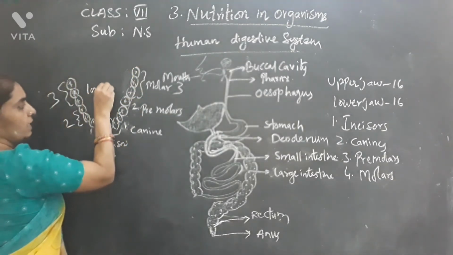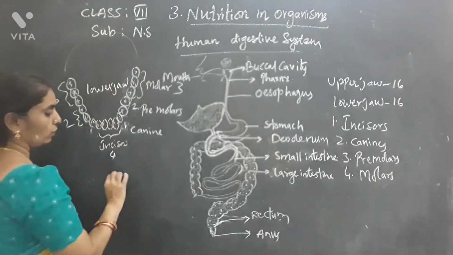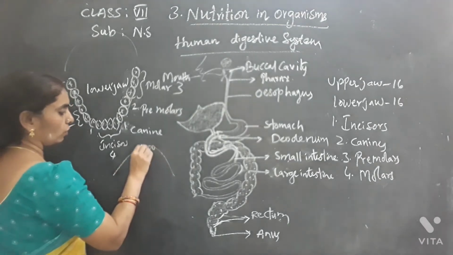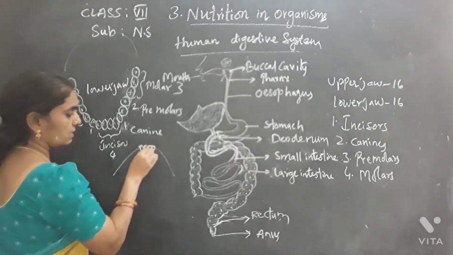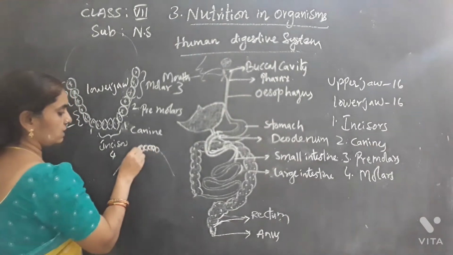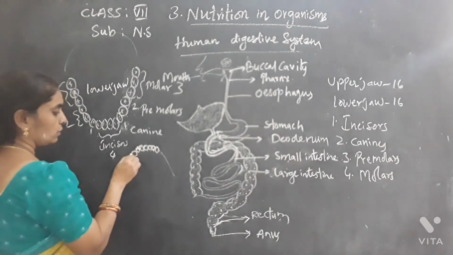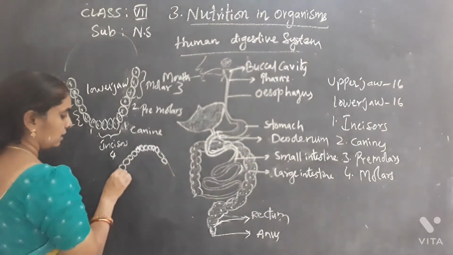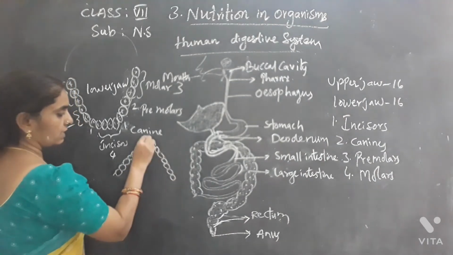This is the lower jaw. In a similar manner, you can find the teeth in the upper jaw too. In the upper jaw you find 4 incisors, 2 canines, next 2 premolars, and next 3 molars.